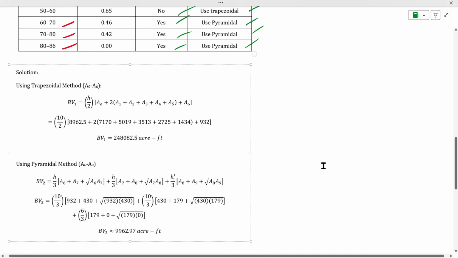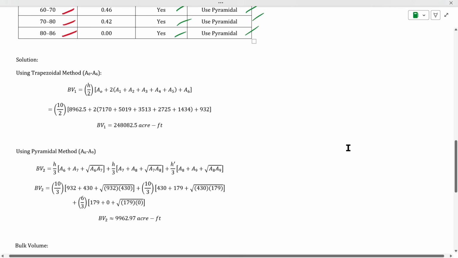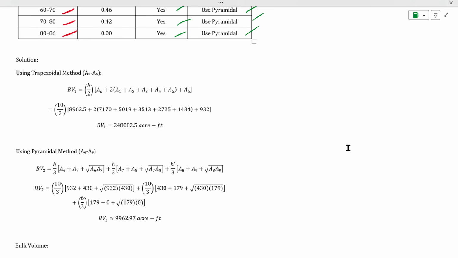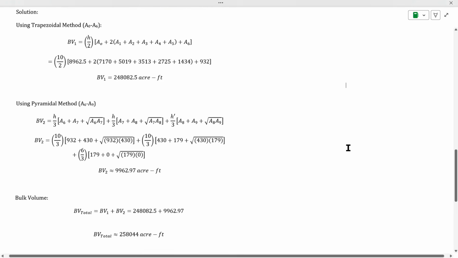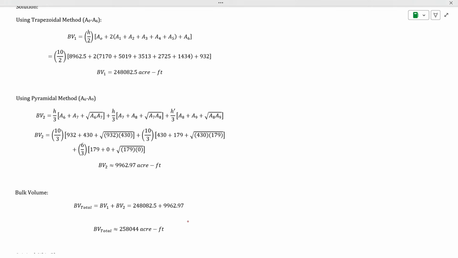As for the pyramidal method, the bulk volume should be approximately around 9,962.97 acre feet. And combining all the bulk volume from the trapezoidal method and pyramidal method, the total bulk volume is around 258,044 acre feet.